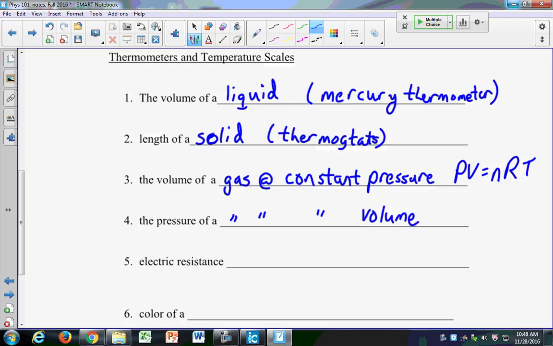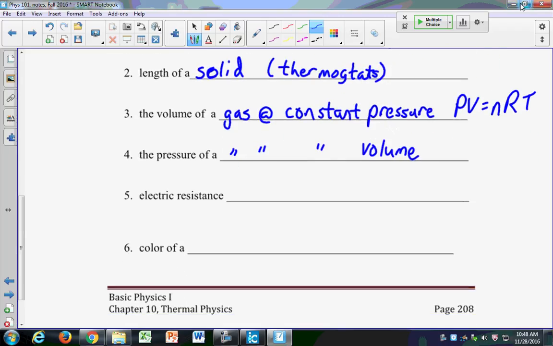And then finally, a couple of others that you don't see as often. One is the electric resistance of a conductor. If you go into graduate school, you might encounter this. This is sometimes called a bolometer. All it is is just a piece of metal.